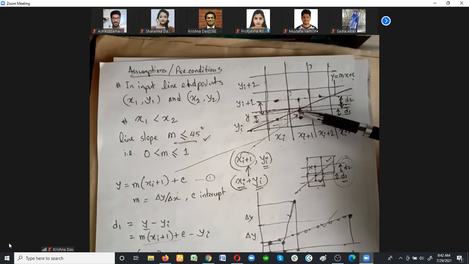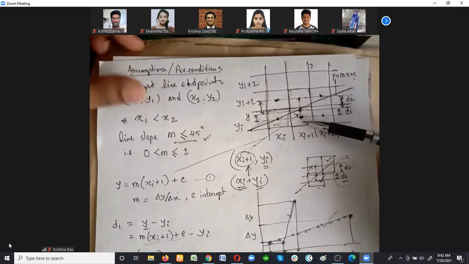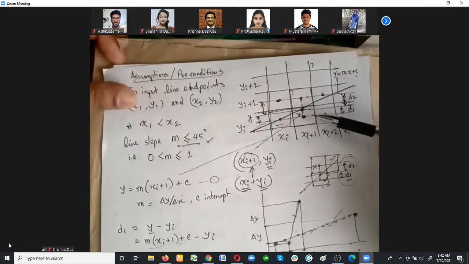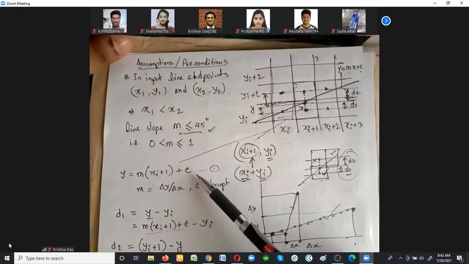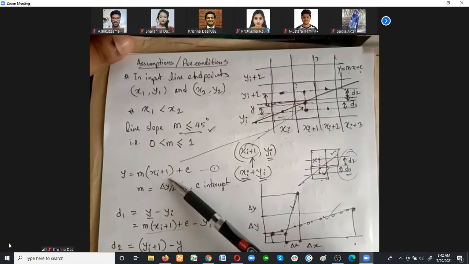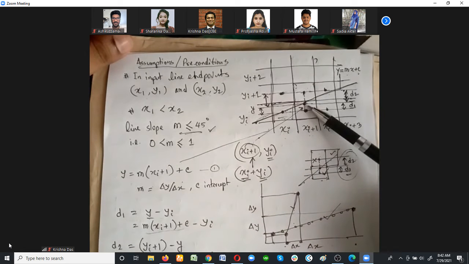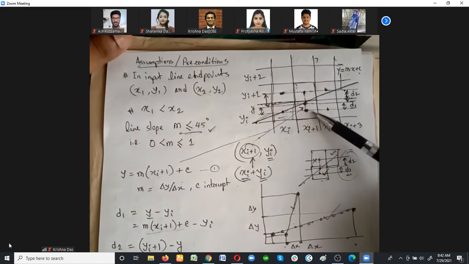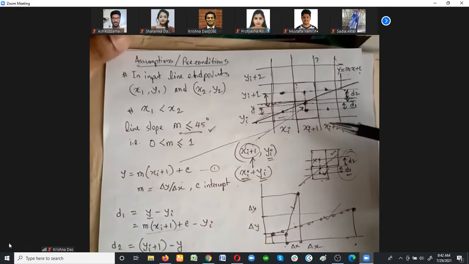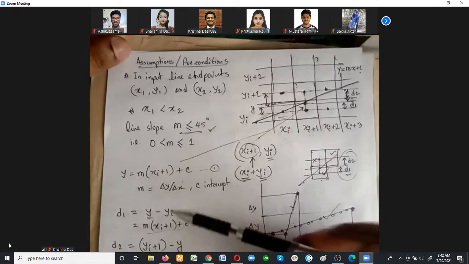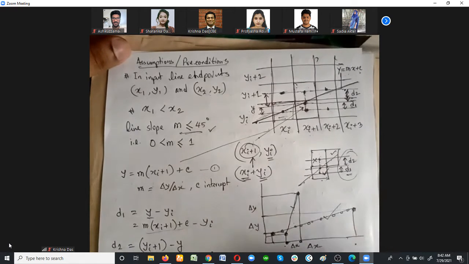On that basis we have taken an equation for the line, y equals mx plus c, where x for that point is xi plus 1, because it falls in this pixel column, and then we simplify that equation further.